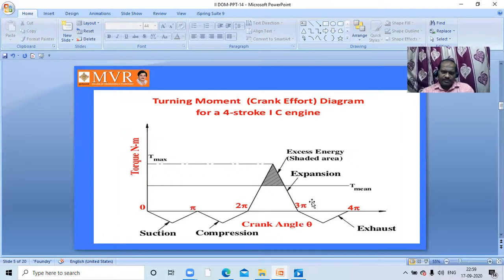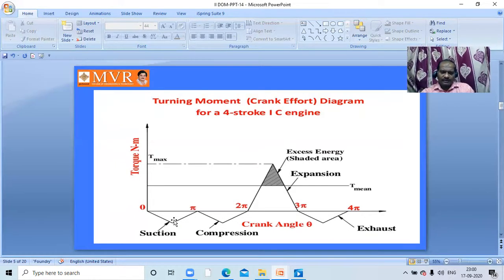If you observe this one, this is the expansion stroke. That is, T maximum is the expansion stroke. It happened in this diagram between 2 pi and 3 pi. But it may vary depending upon the stroke length, that we have to calculate in the numerical problem. But if you understand clearly, for every 90 degrees, we have one type of stroke.